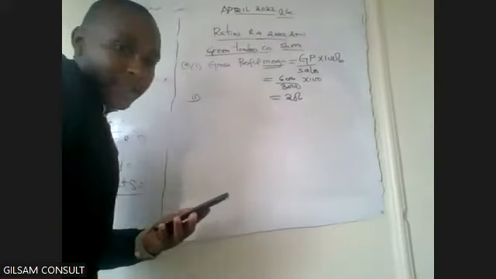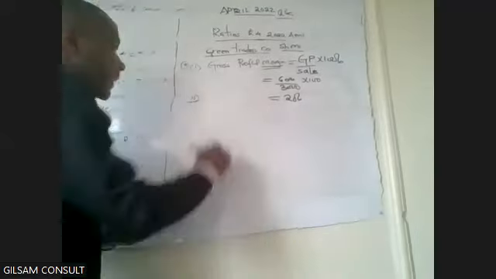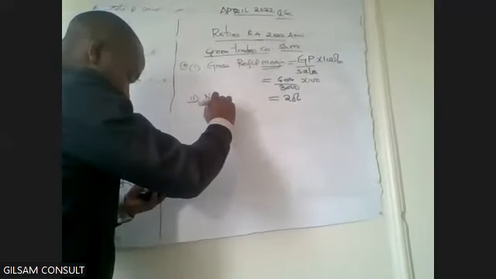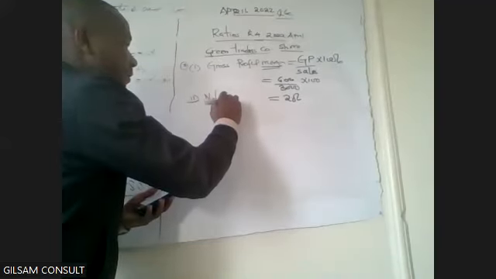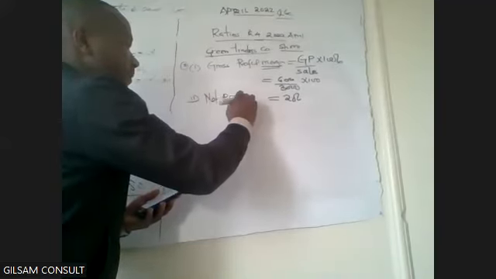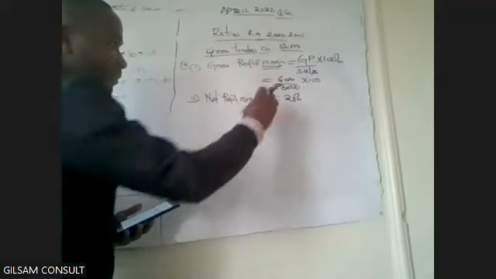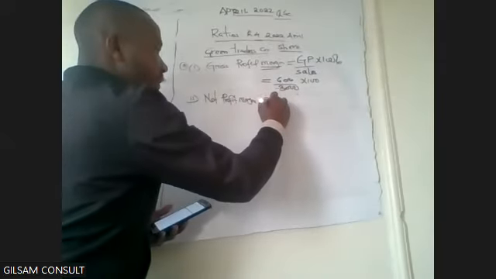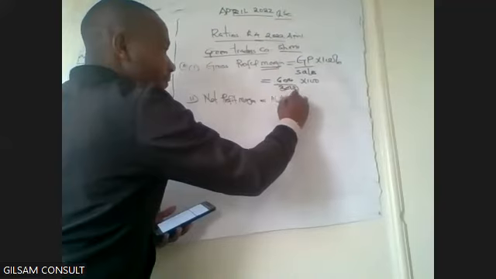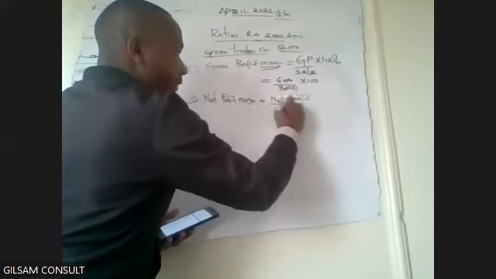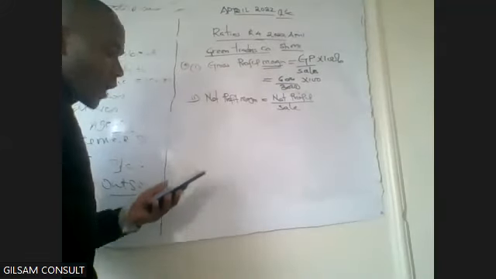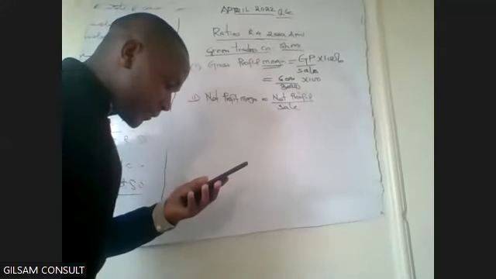Then you come to Roman 2. Ratios are very easy once you know the formula. They need the net profit margin. How do you get the net profit margin? It will be the net profit divided by sales again. How much is the net profit?